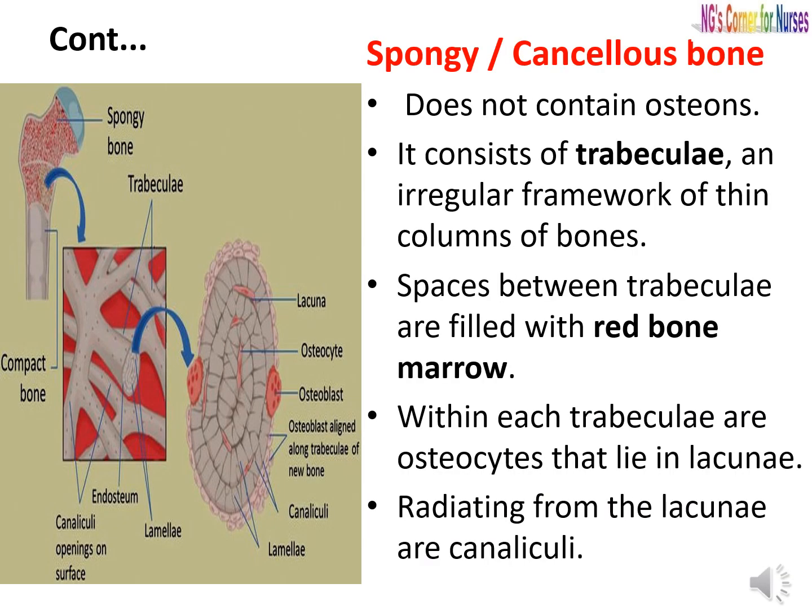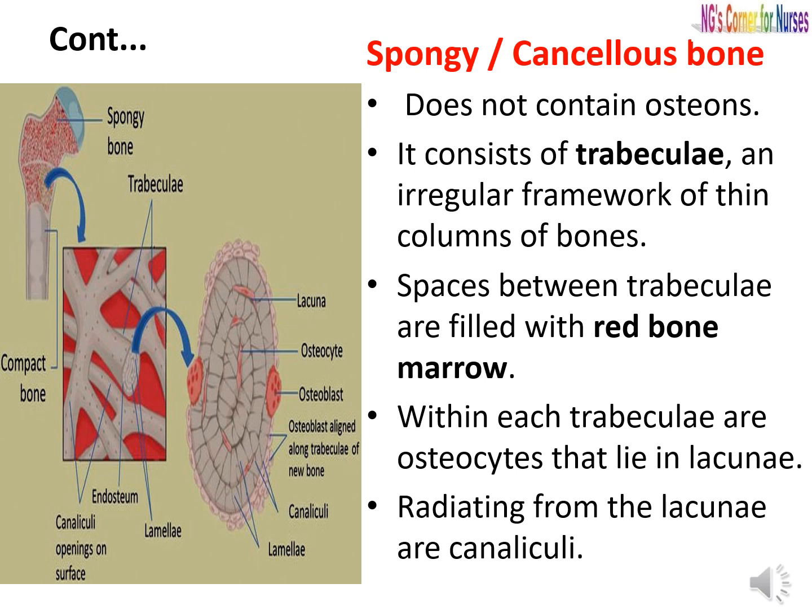Next is spongy or cancellous bone. It does not contain osteons. It consists of trabeculae, an irregular framework of thin columns of bone. The spaces between trabeculae are filled with red bone marrow.